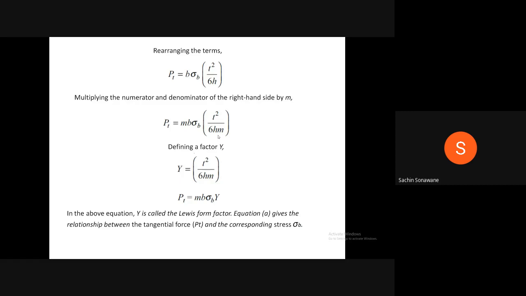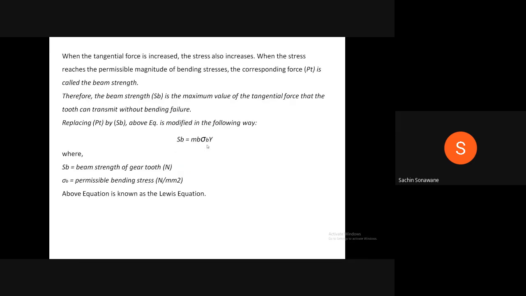Hello. I think you have written the steps. Now next, when the tangential force is increased, the stress also increases. When the stress reaches the permissible magnitude of bending stresses, the corresponding force Pt is called the beam strength.